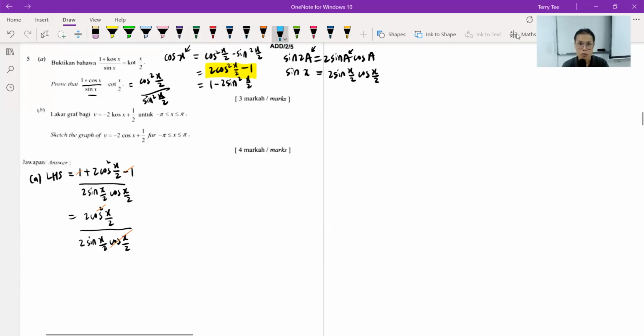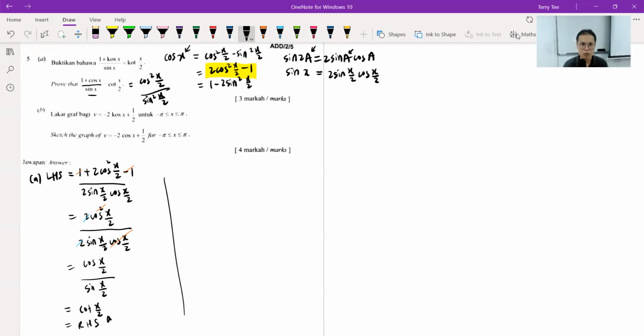Can we cancel 2 and 2? Now I'm left with cos over sine, right? This is cos x over 2 divided by sine x over 2. So yes, this is the same as cotangent x over 2, which is the same as your right-hand side. Yeah, it's not too difficult. Right? Okay, that is the first part.